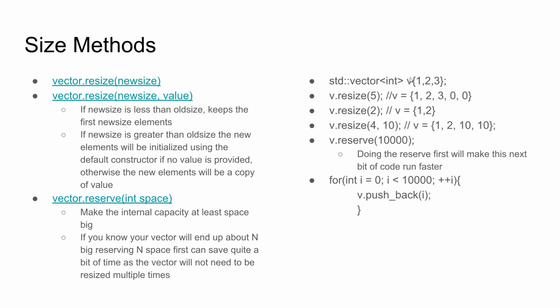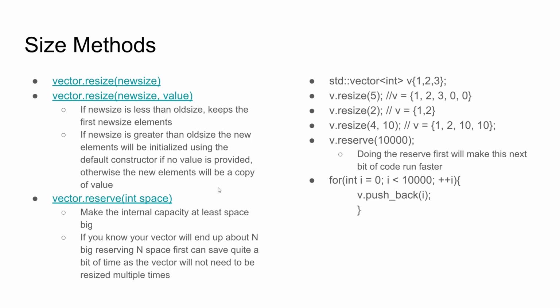So you can see that over here I have 1 2 3. If I do v.resize 5, I get 1 2 3 0 0. If I do v.resize 2, I only keep the first two things. v.resize to a size of 4, the new elements will have the value 10: 1 2 10 10.